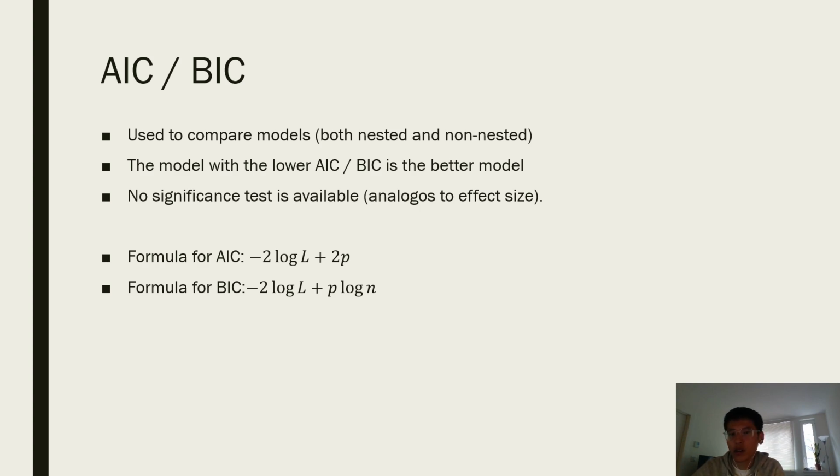So this is also a model comparison index, and the idea is simple. If we have a lower value of AIC or BIC, we can say that we have better model fit.